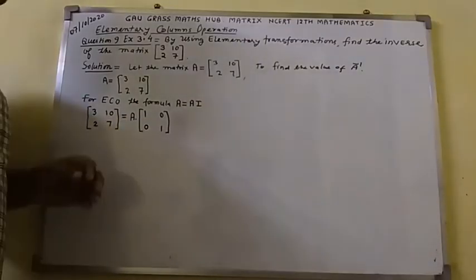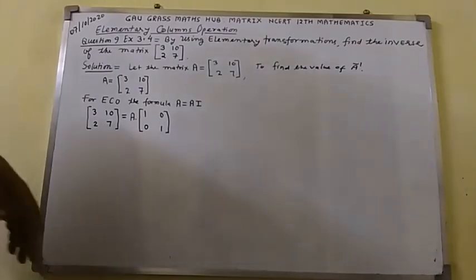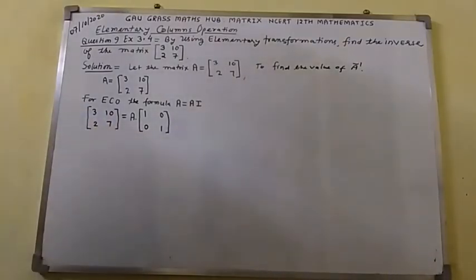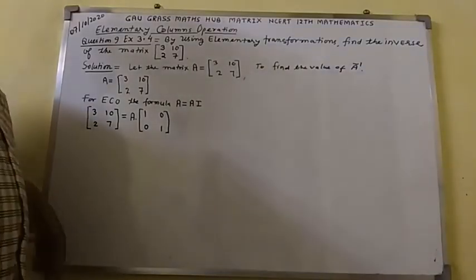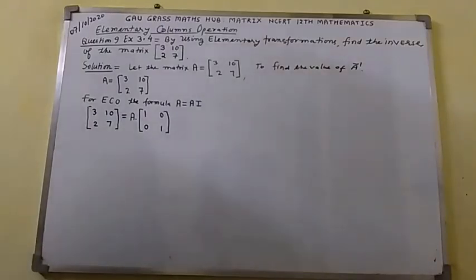By the rule, by the theorem, for getting A inverse by applying elementary column operations, all operations will be carried out through columns.